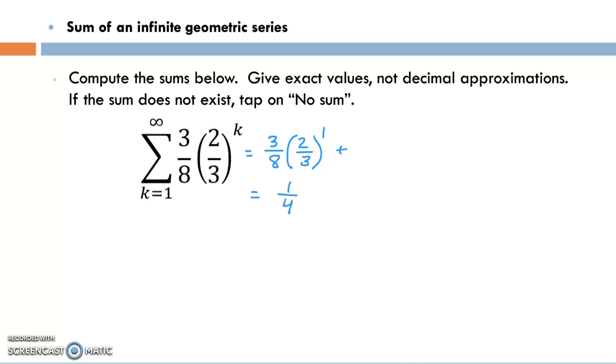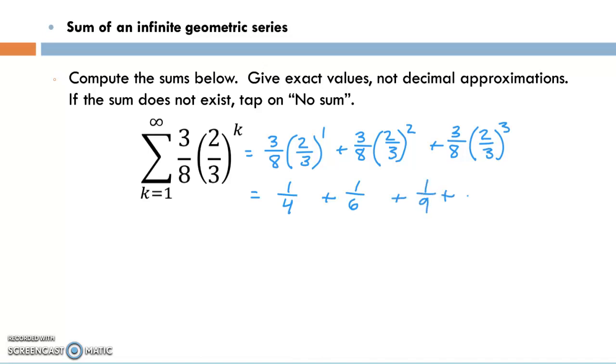And then we're going to add 3/8 times 2/3 squared. After simplifying this, we will get 1/6. Then the next term is 3/8 times 2/3 cubed. After simplifying this, we will get 1/9. So we're adding all the way to k is infinity. So it's going to look like this.